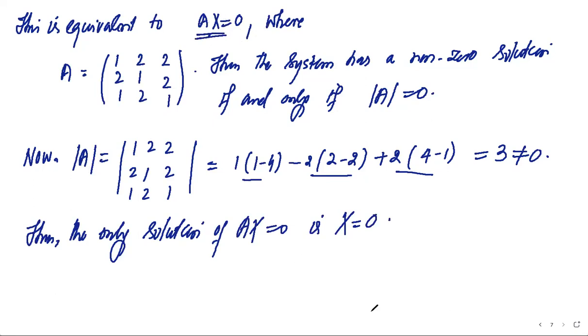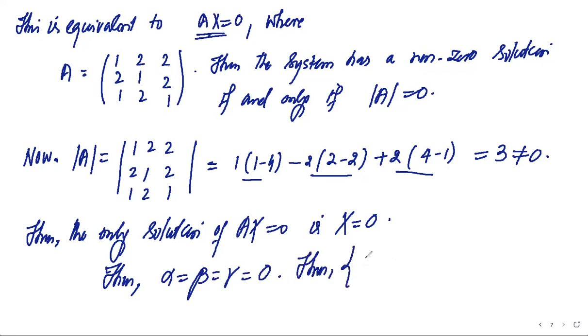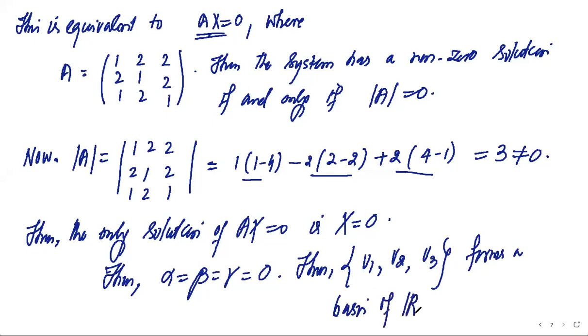So therefore, thus alpha is equal to beta is equal to gamma is equal to 0. So thus the set v1, v2, v3 forms a basis of R3.